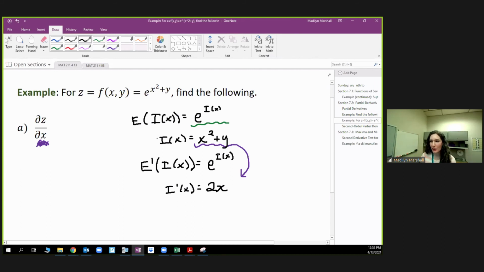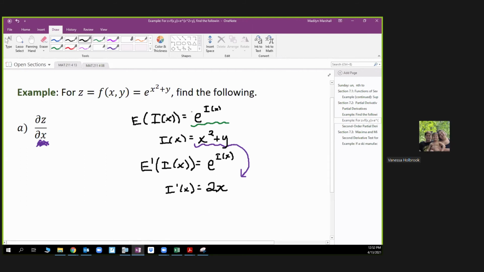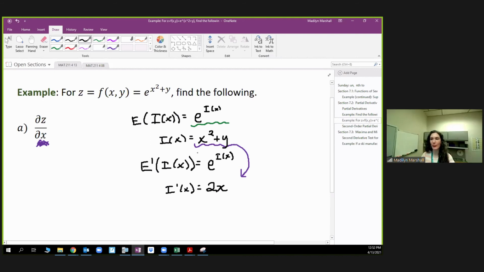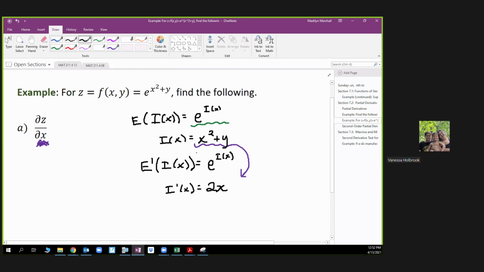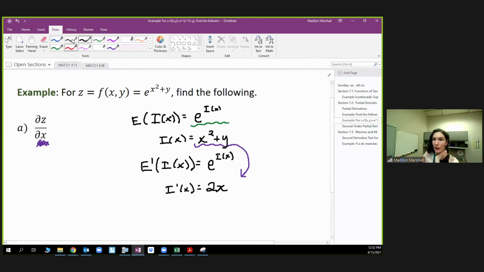So technically the way I wrote this with the primes is not good math grammar, but if you want to keep with the exterior and interior format, we can do that as long as you're remembering here we are doing dz dx, so x is really the only variable we're focusing on.